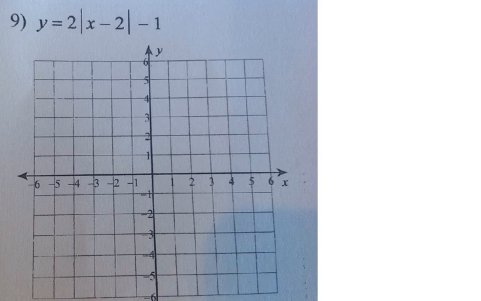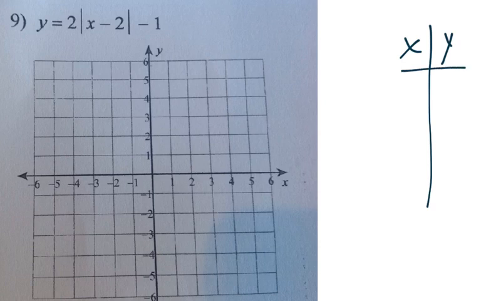Let's do one more. So this one, again, we make our table. We look here. I know 2 is what makes it 0. Notice I put 2 in the middle of my graph. And then I just start counting each way. 1, 0, 3, 4. Now guys, again, please keep your numbers in order. Okay?